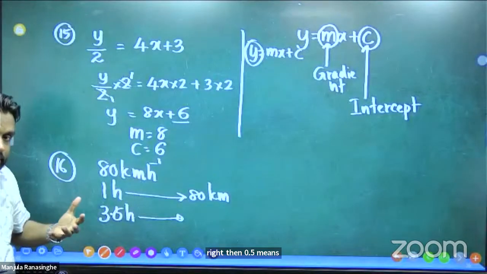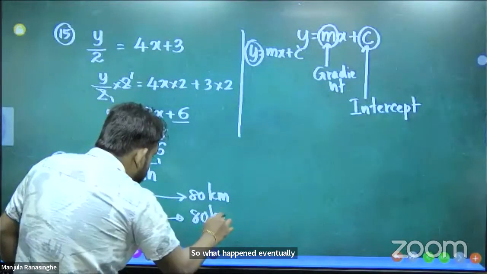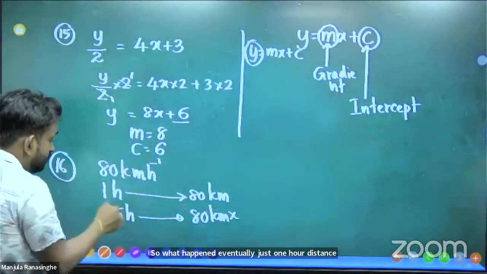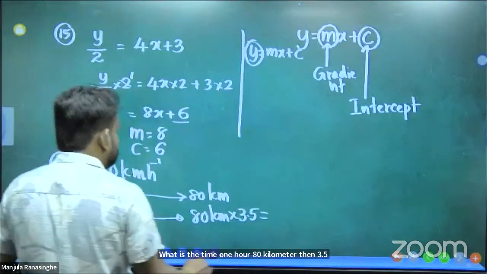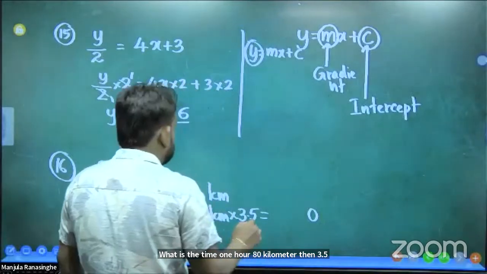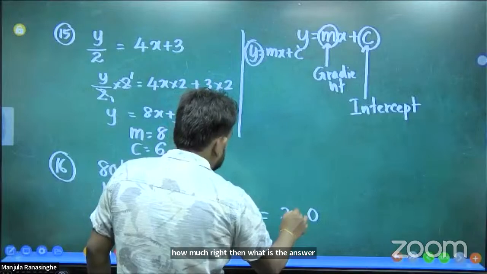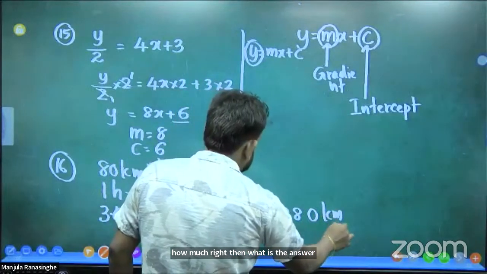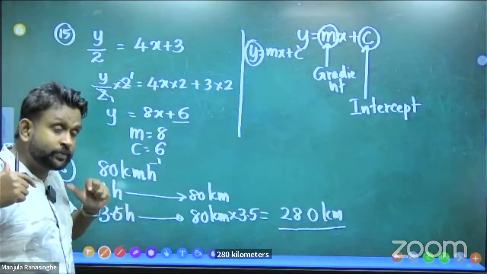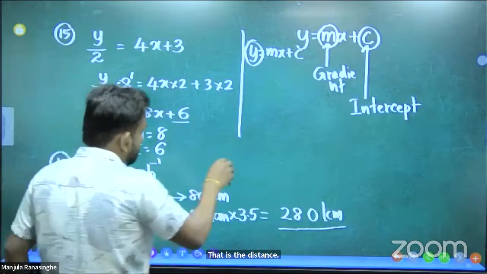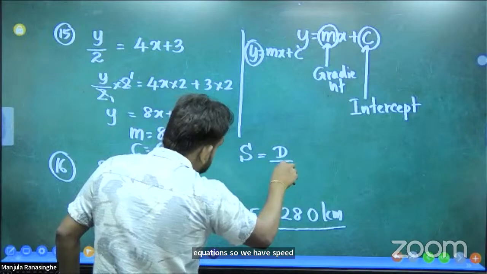So eventually, it is just the 1 hour distance multiplied by the time period. 1 hour is 80 kilometers, then for 3.5 hours, the answer is 280 kilometers. That is the distance. Or if you are familiar with equations, speed equal distance over time, d upon t.